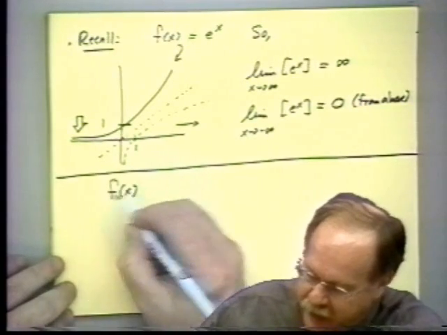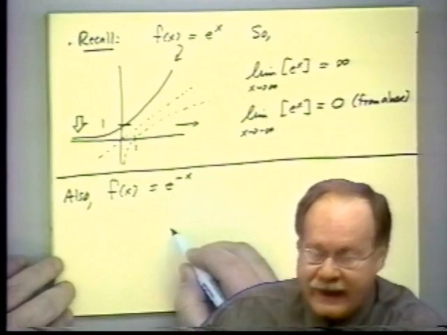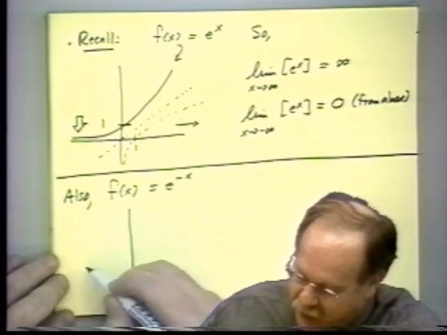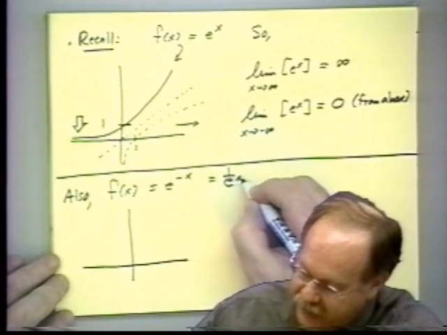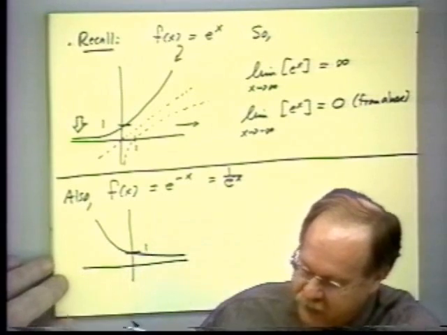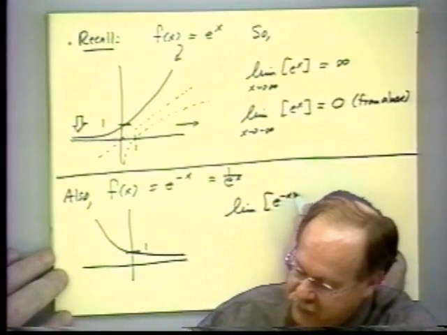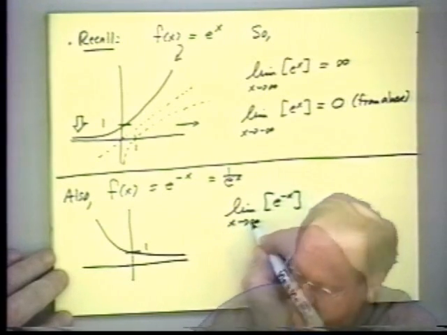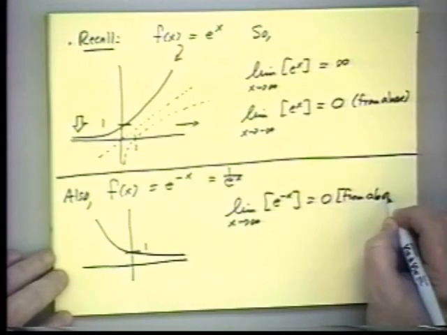Also, just for the record, if we want to go ahead and look at the exponential with e to the minus x, then as you may recall, e to the minus x, of course, is 1 over e to the x. And that gives you a picture that looks like this, passing through 1 in the origin. And as you can see from this picture, if you take the limit of e to the minus x, as x goes far to the right, you're getting 0 from above.